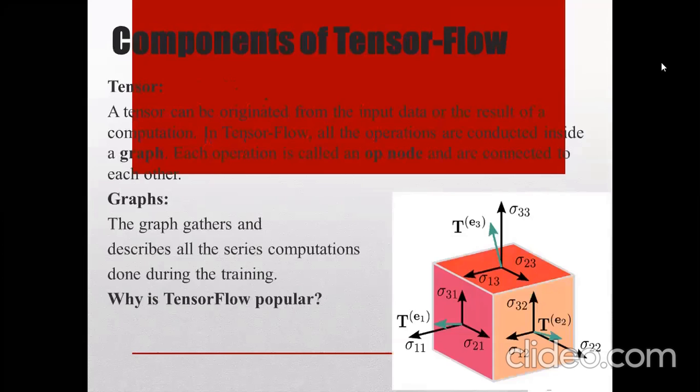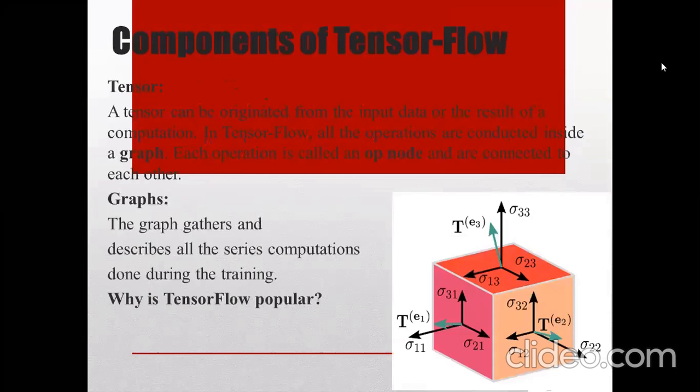Then coming to the components of TensorFlow. You will need to understand the components of TensorFlow. The first and very important component is the tensor. The name TensorFlow is derived from its core framework, the tensor. The tensor is always present in TensorFlow. A tensor is a vector or a matrix of n-dimensional values that represents all types of data.